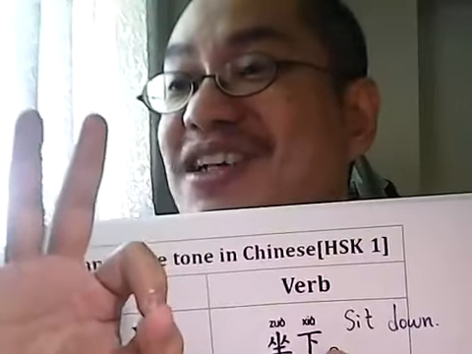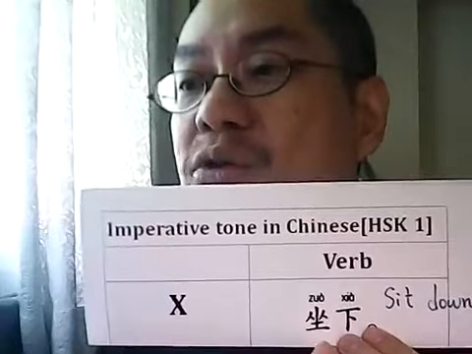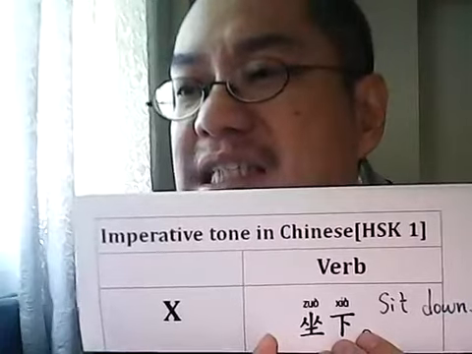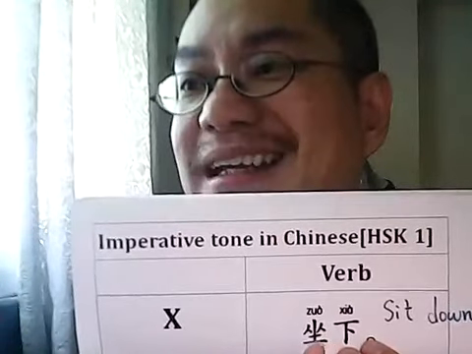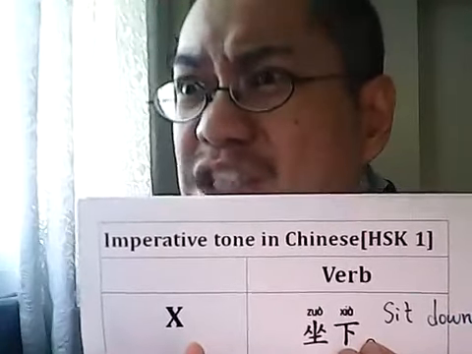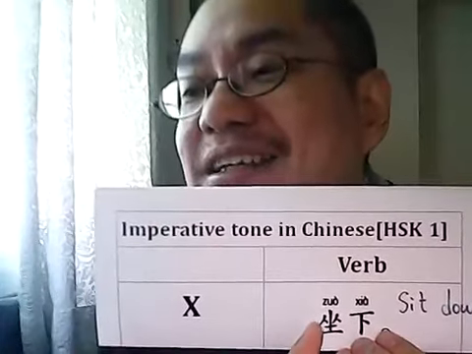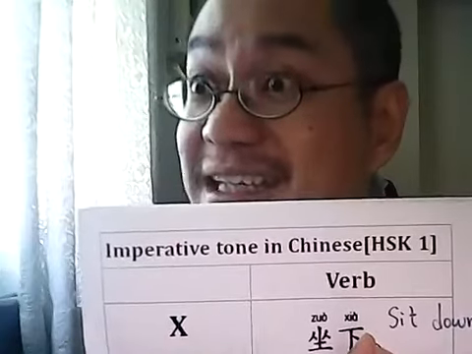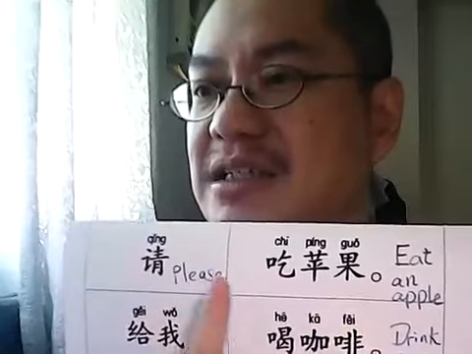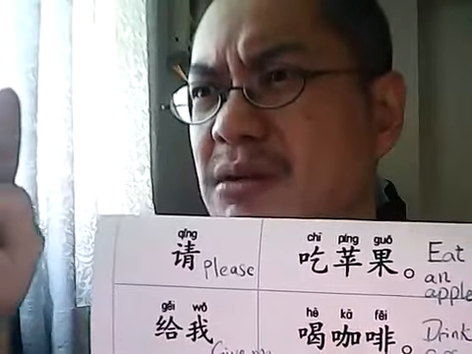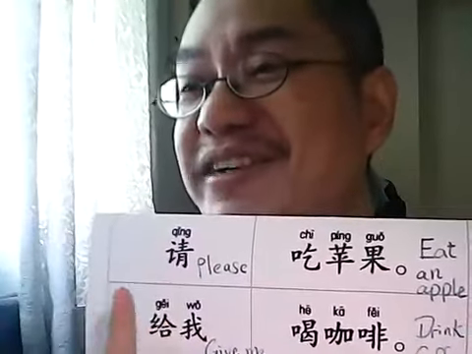With three kinds of tones, okay? 坐下, normal tone. 请坐下, polite way. 给我坐下, quite direct. And also you can use 坐下吧 that makes you sound more Chinese. 请吃苹果, 吃苹果, 给我吃苹果, very direct.